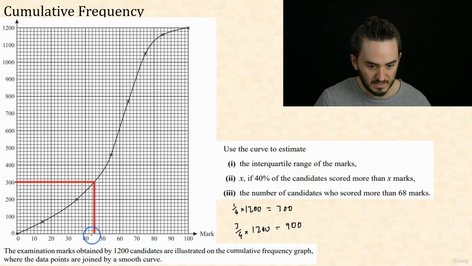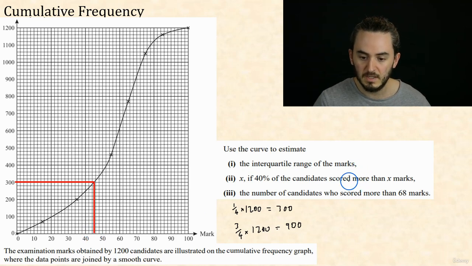So that's exactly halfway between those 2 points. So that's 40, 42, 44, and half a space takes us up to 45. So the lower quartile is 45, and it is just an estimate because we don't know how the data is spread out in this range.